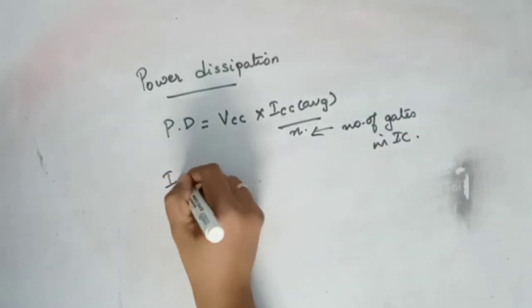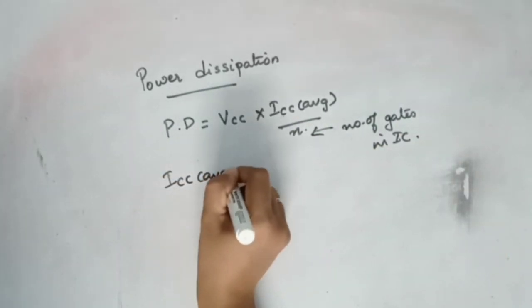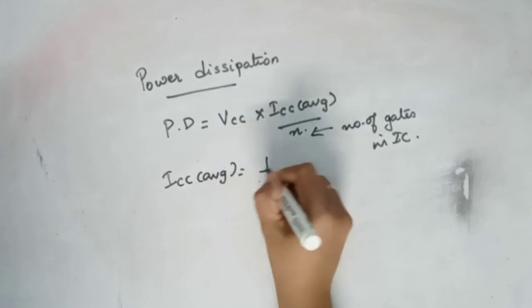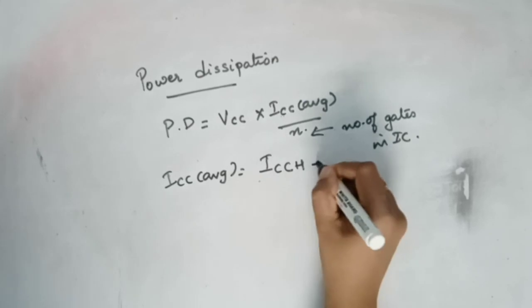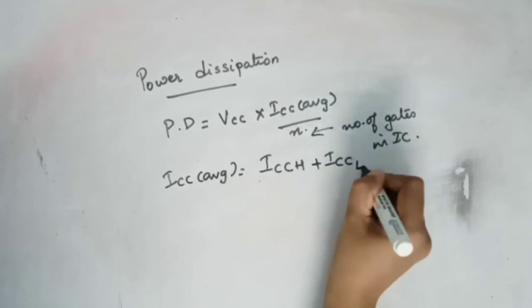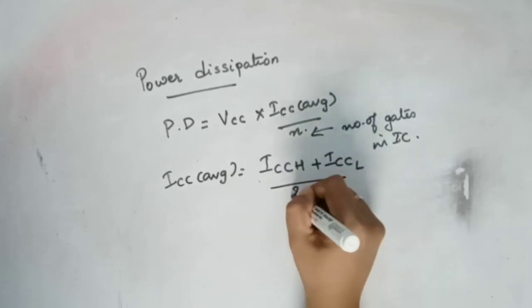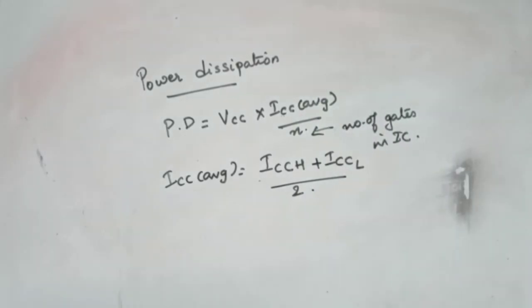And ICC average is ICC H, that is high, plus ICC low, by 2, or the average of ICC high and ICC low, where ICC H is the current drawn by the IC when all the gates in the IC are in high state.